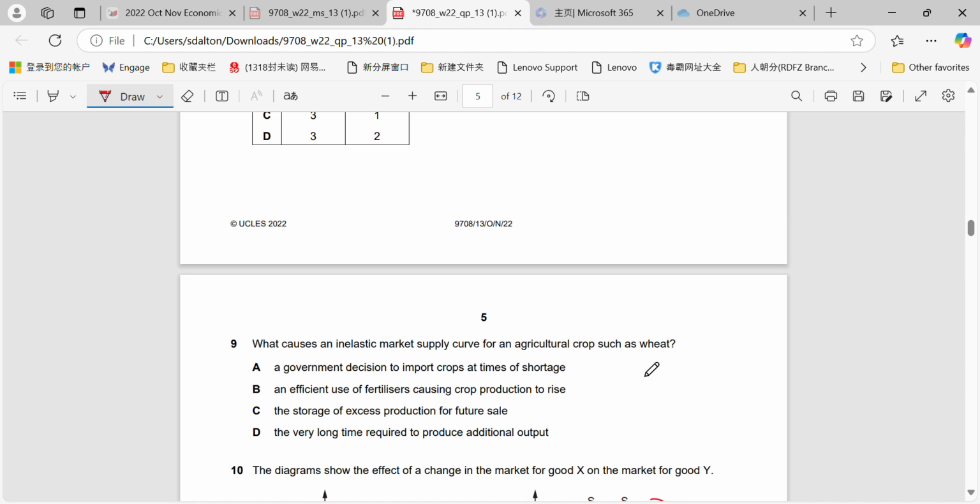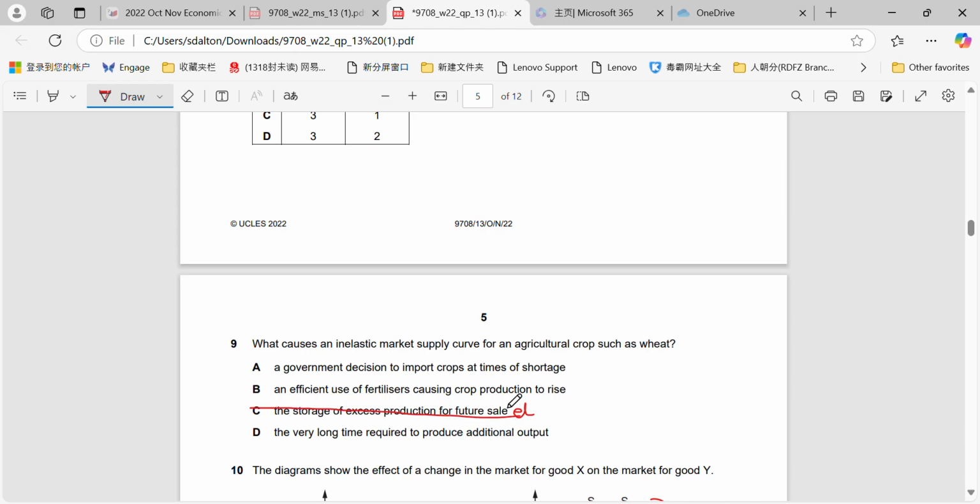What causes an inelastic market supply curve for an agricultural crop such as wheat? Okay, it's to do with our PES here, right? So again, we're looking for the determinants of PES essentially. Storage of excess production for future sale would result in it being elastic because it would allow us to respond quickly to the market.